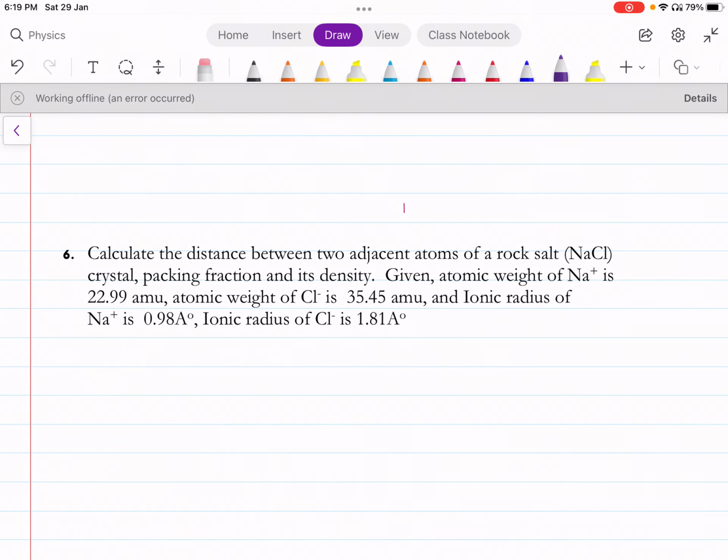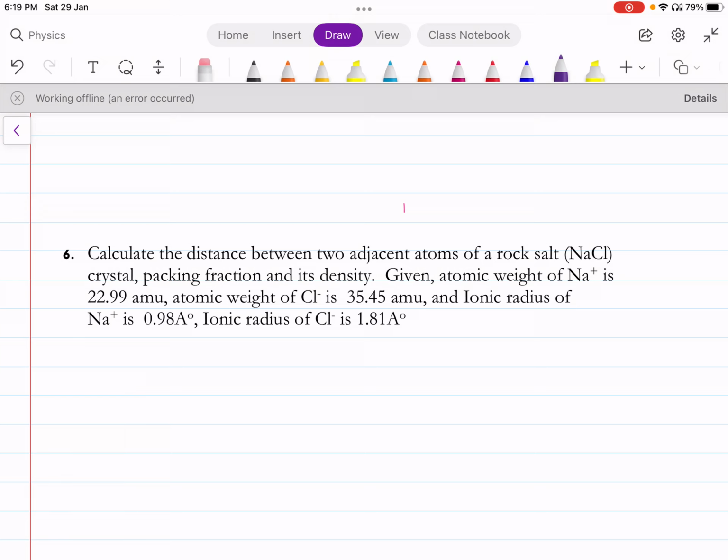This is the FCC diatomic NaCl type. In this case, calculate the distance between two adjacent atoms of the rock salt crystal. Packing fraction and its density is given. Given are atomic weight and the radius.